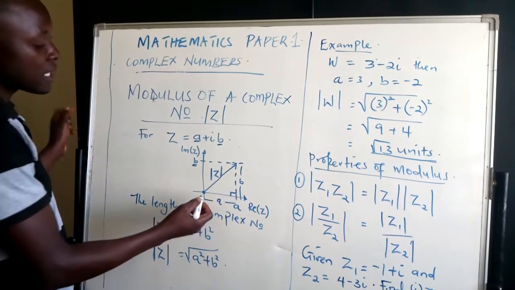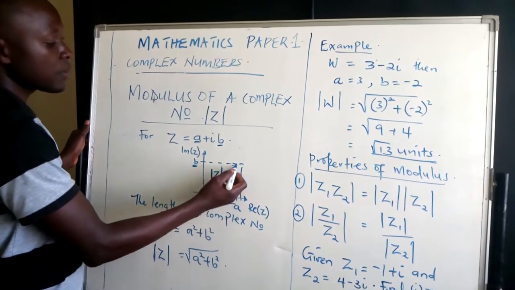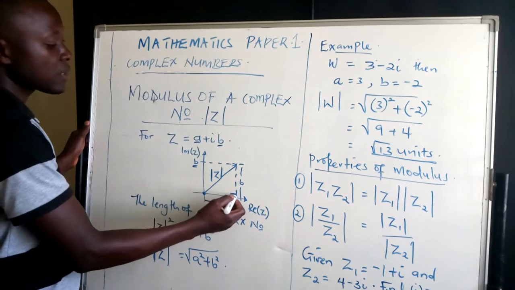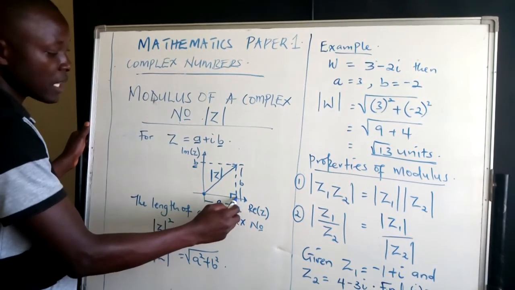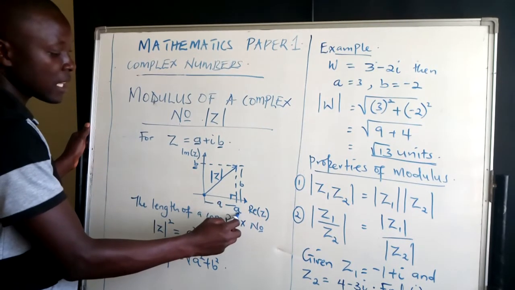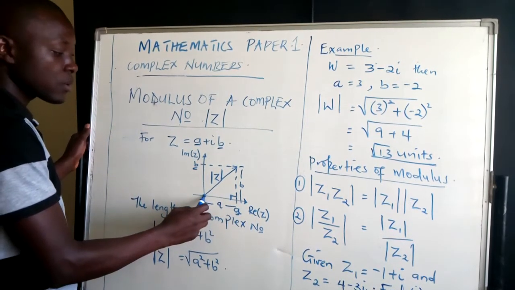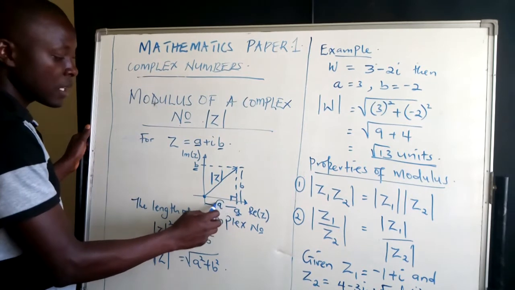If you look at this, this is a right-angled triangle with 90 degrees at this point. Since from 0 to this point we are saying the coordinate is a, it means that the length from 0 to that point is a.